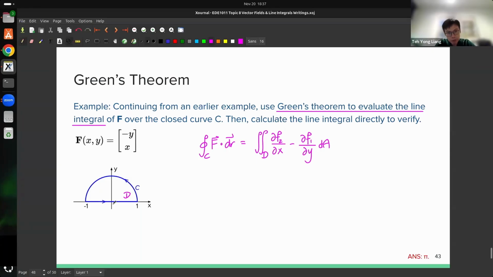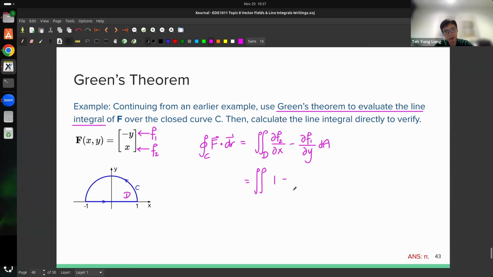Now look at this region D. What is del F2 del X and del F1 del Y? Easy, just differentiate accordingly. Because this is your F1, and this is your F2, del F2 del X is just 1.